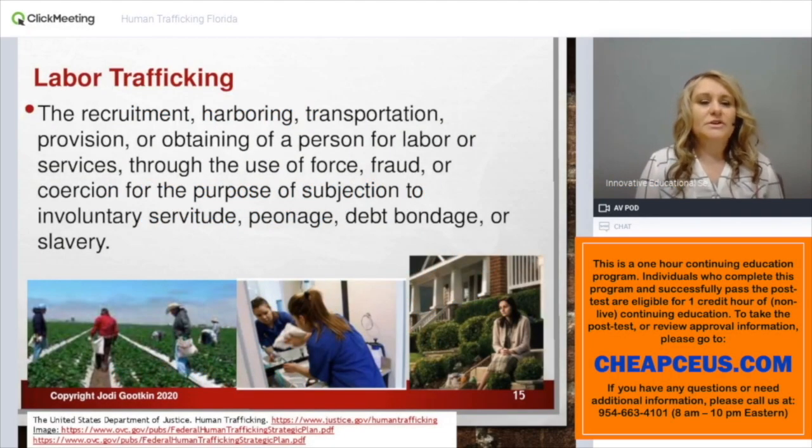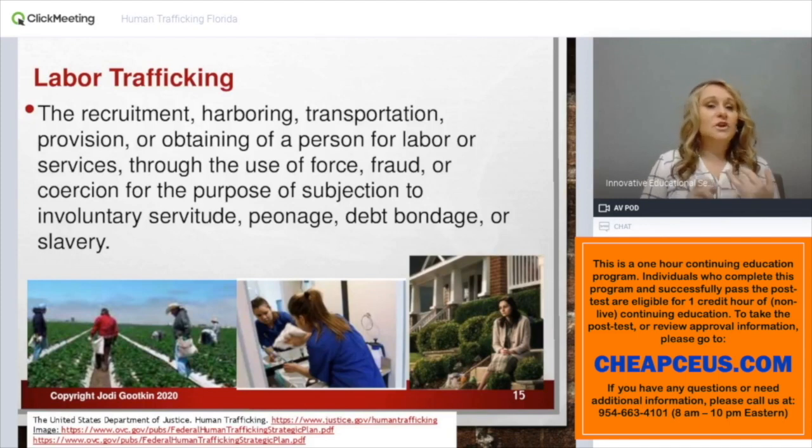Labor trafficking is occurring in many different settings. It's not just in the agricultural industry. It's also occurring in different factory type settings, in restaurant kitchens, also in domestic settings where the individual is confined to a home and forced to work in that environment and not allowed to leave.